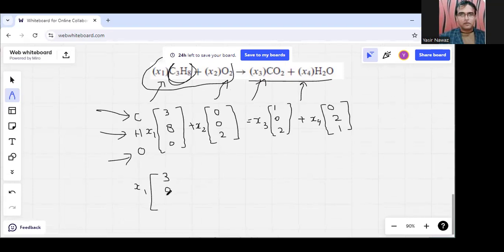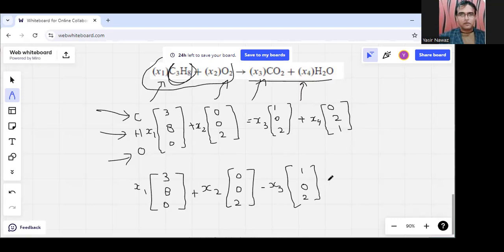So (3, 8, 0) plus x2 (0, 0, 2) minus x3 (1, 0, 2) and then minus x4 (0, 2, 1) is equal to (0, 0, 0).